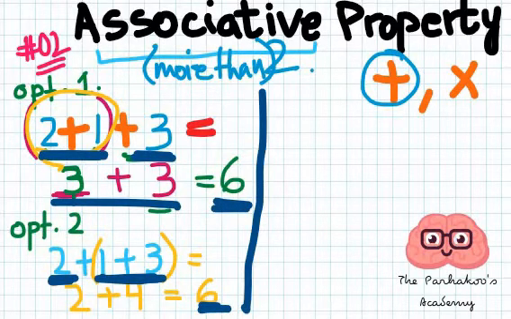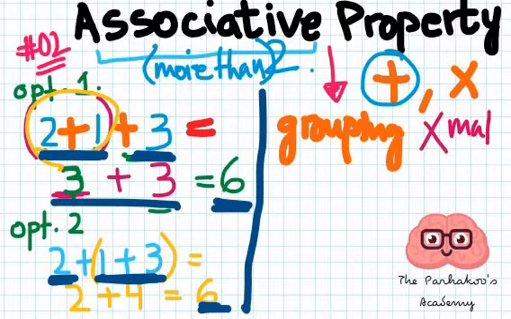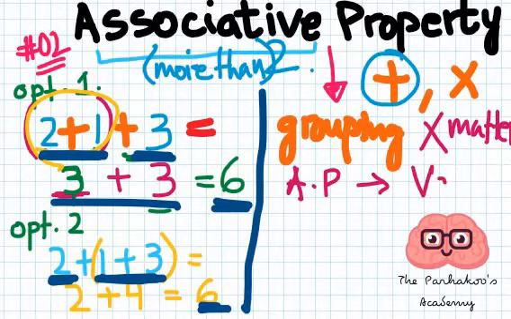So in this case, we can say the associative property is related to grouping. Grouping doesn't matter. And if it doesn't matter, that means the order of the numbers and the way they are being operated is not affecting the result, then we can say that associative property is valid.